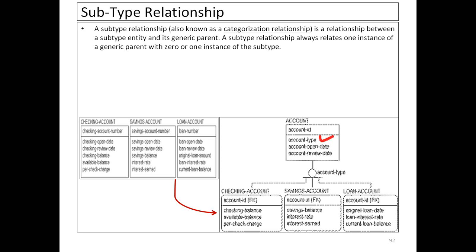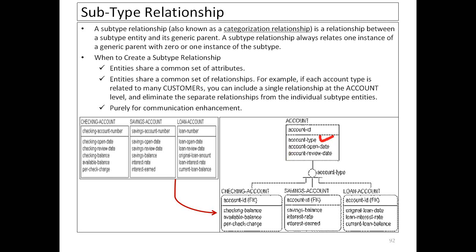We can have a checking account, savings account or a loans account, or we can have a generic account entity which can be further specialized into checking account, savings account, and loans account. By doing this, the common attributes of the account, for example, account ID, account open date and a close date, can be taken from the specialized entities and bundled together into the account entity.